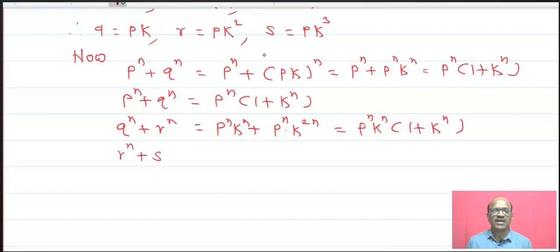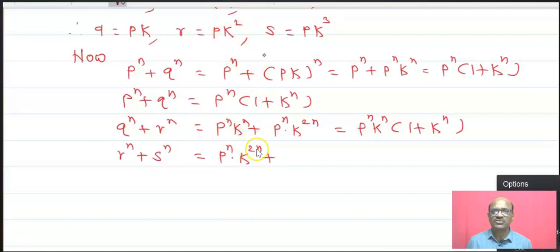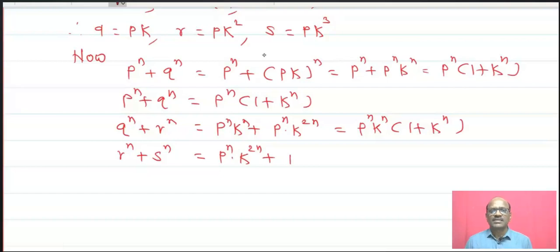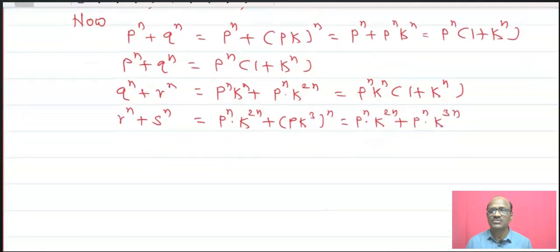And last is r^n + s^n. The value of r is pk square, it means p^n and k^(2n). The value of s is p^n and k^(3n). Therefore, p^n k^(2n) plus p^n k^(3n).